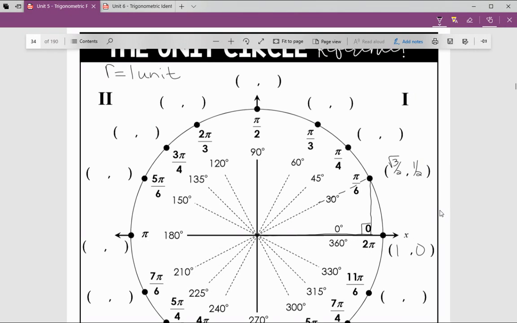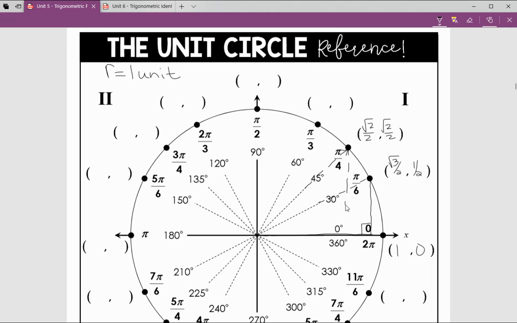So if you're working any angle and your angle terminates right here, these are the X and Y ordered pairs that you will use. And I'll explain what the X and Y's are in just a moment. So for the 45-degree angle, you're going to have the ordered pair square root 2 over 2, square root 2 over 2.